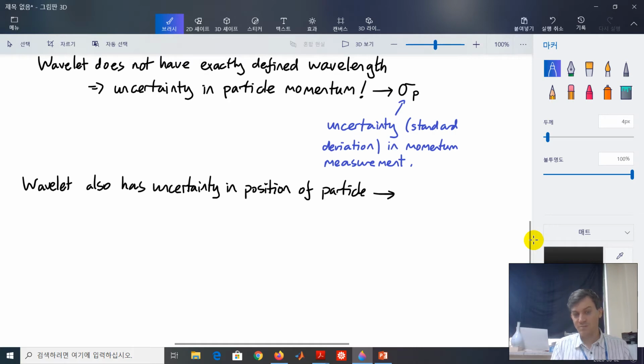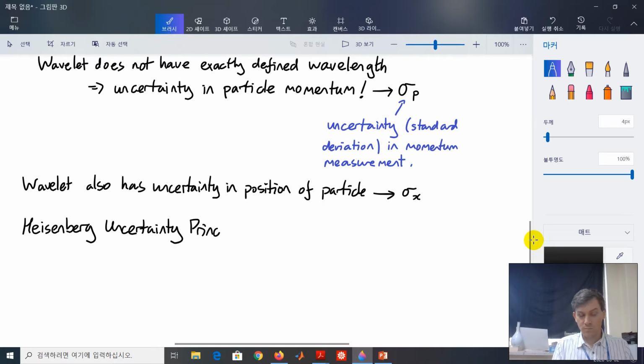Again, we can mathematically describe this by some standard deviation in the position measurements, which we can call sigma x, and then this leads to the Heisenberg Uncertainty Principle, which says no matter what wave function you have for the electron, the uncertainty in the momentum and the uncertainty in the position multiplied together must be greater than a certain value.